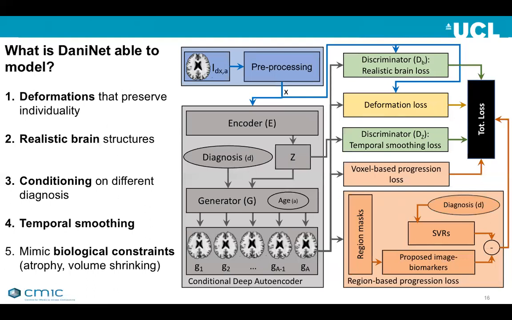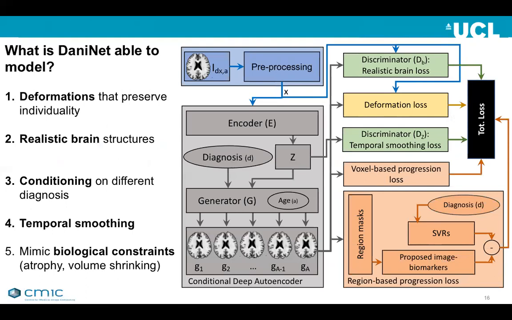The first component tries to model the deformation that preserves individuality. That means we want the images to maintain the morphological structure of the brain of the individual along the simulation. The second component models the fact that the images that we generate should contain a realistic brain structure.